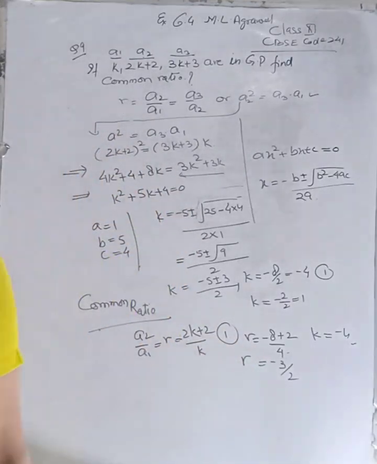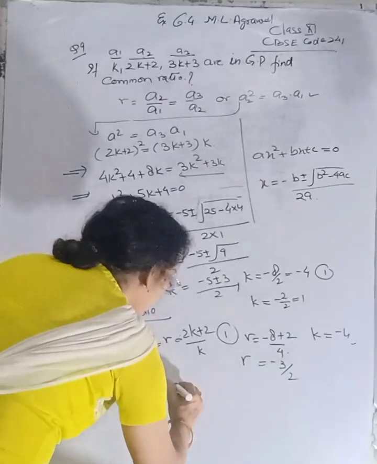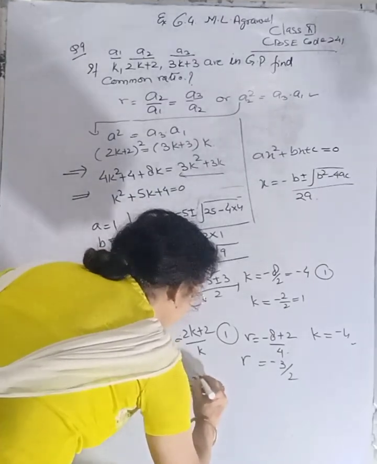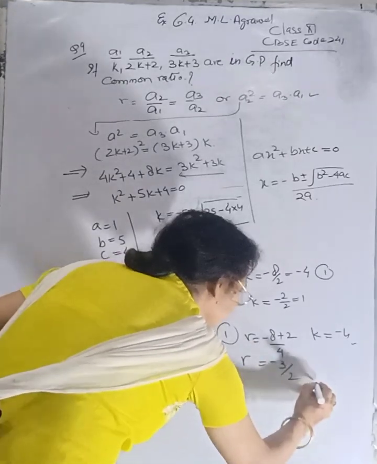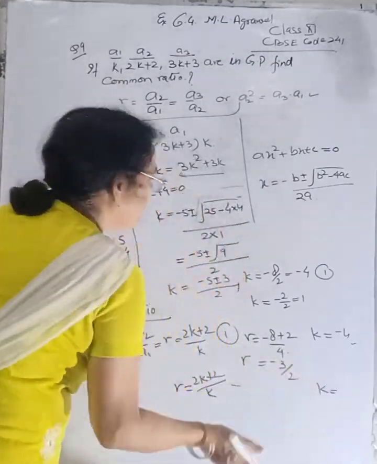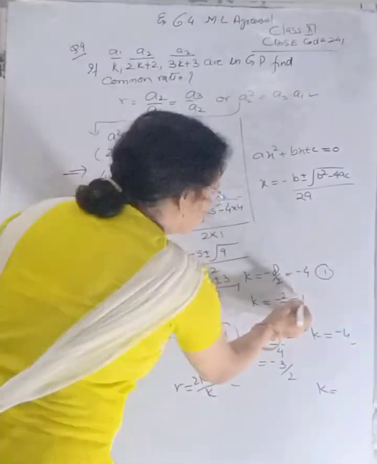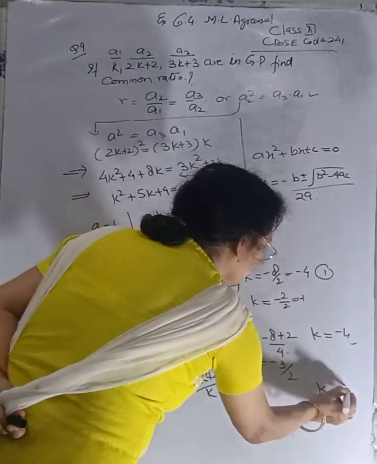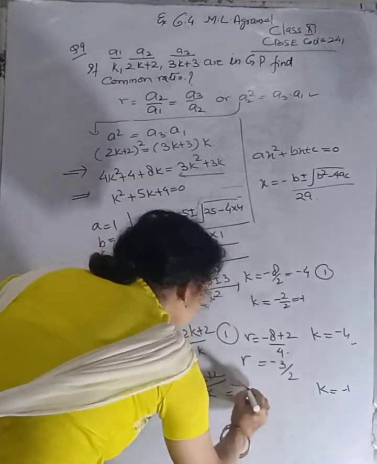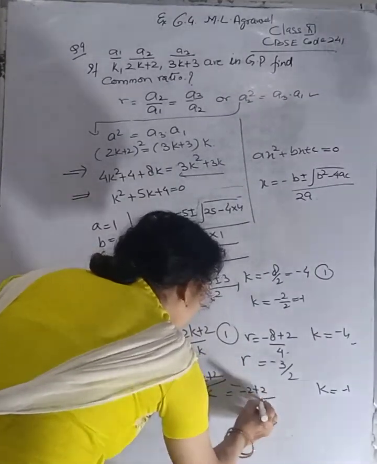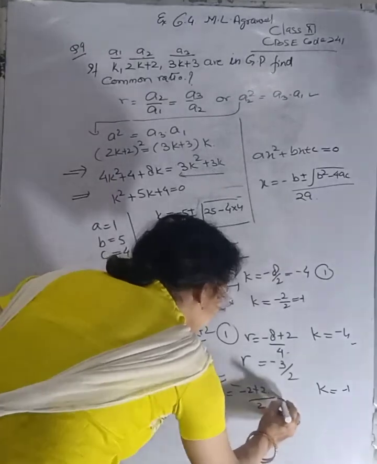Okay. Now the second case: R is equal to 2K plus 2 upon K, when K is equal to -1. Then it will be equal to -2 plus 2 upon -1, that is 0.